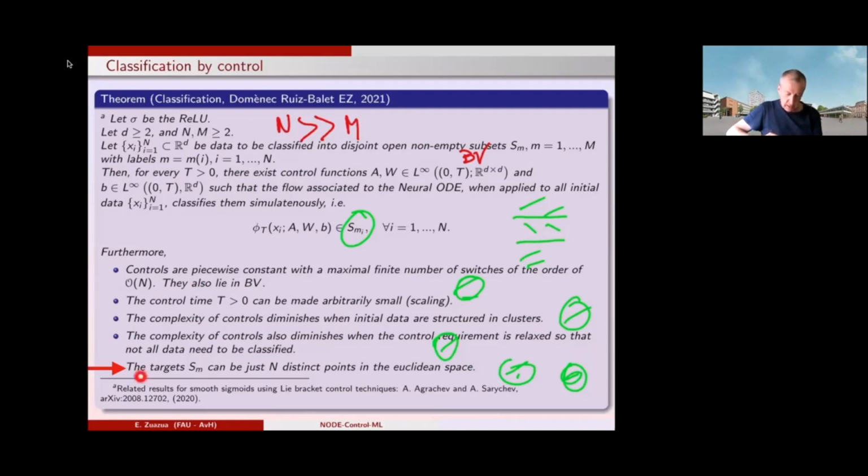And then you say that the target S_m can be just N distinct points in the Euclidean space. Actually, it should be epsilon neighborhoods of N distinct points in the Euclidean space. If the points are distinct, you can even put them in distant points.